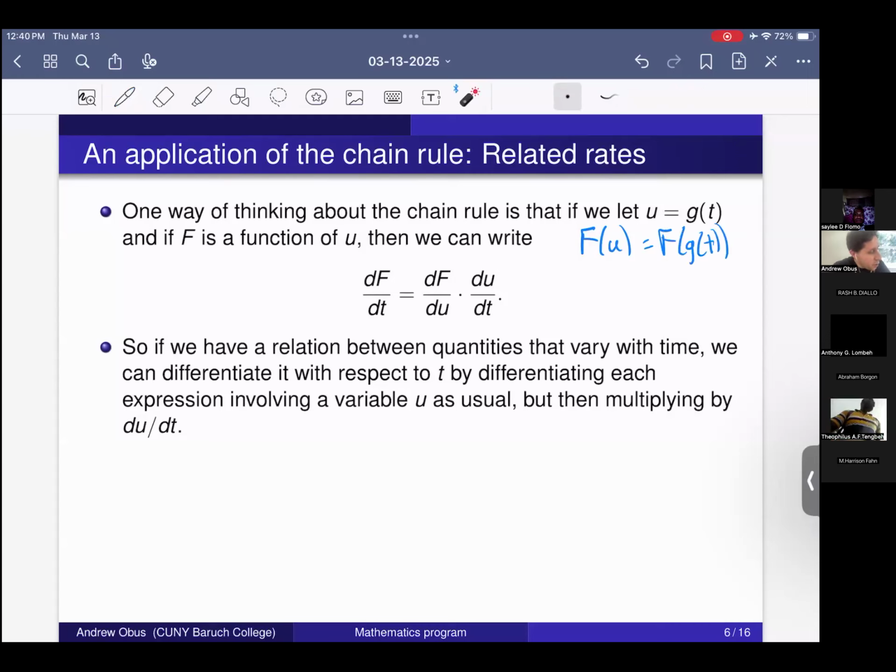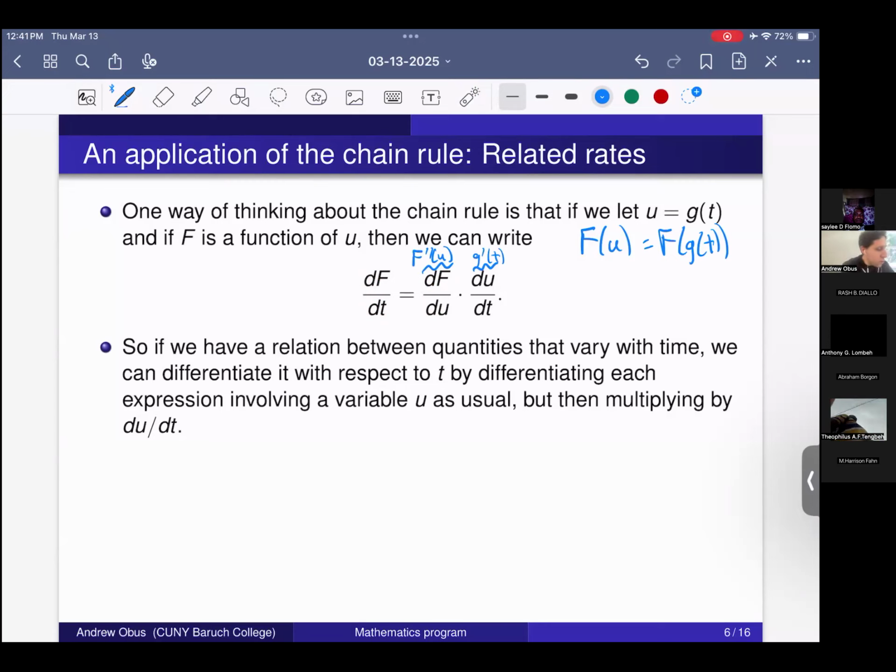Then the derivative of f with respect to t is the derivative of f with respect to u, which is exactly f prime of u, times du/dt, which is exactly g prime of t. So this is some other way of writing the chain rule.